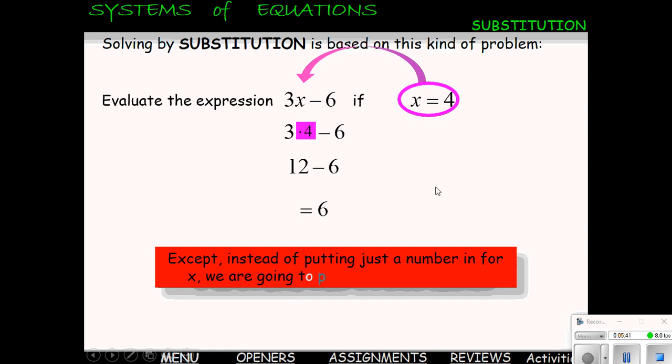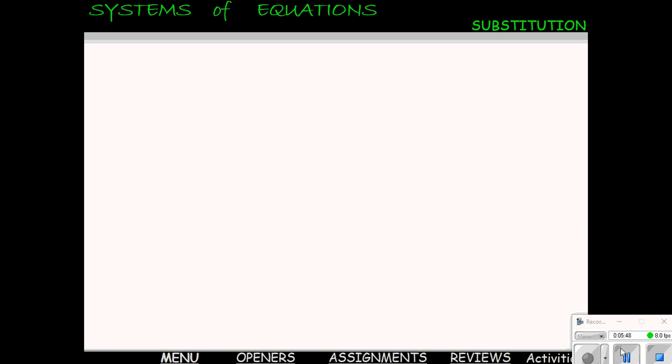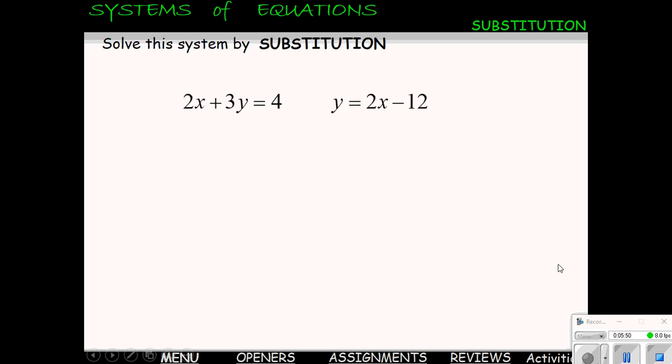Solving a system of equations is almost the same thing, except instead of plugging in a number, we're going to plug a whole expression in for one of the variables. And it will look something like this. Here we have a system of equations, 2 equations with 2 variables, an x and a y. Now this works best when one of the variables is already solved for. This one has that. It says y equals 2x minus 12.